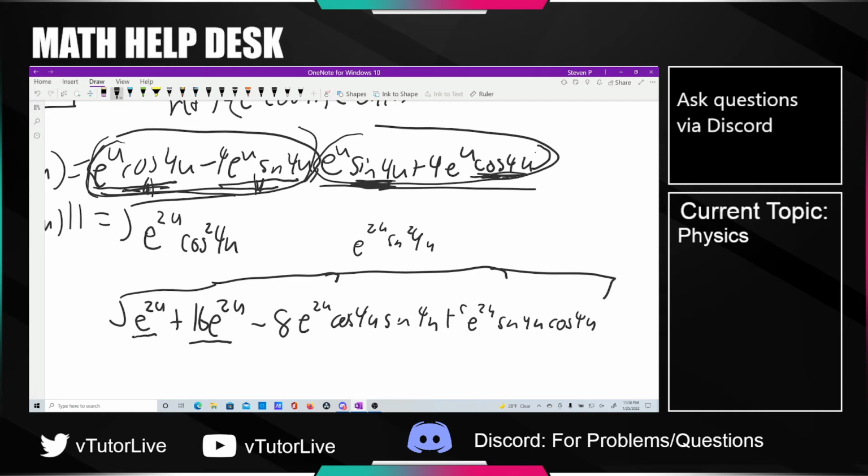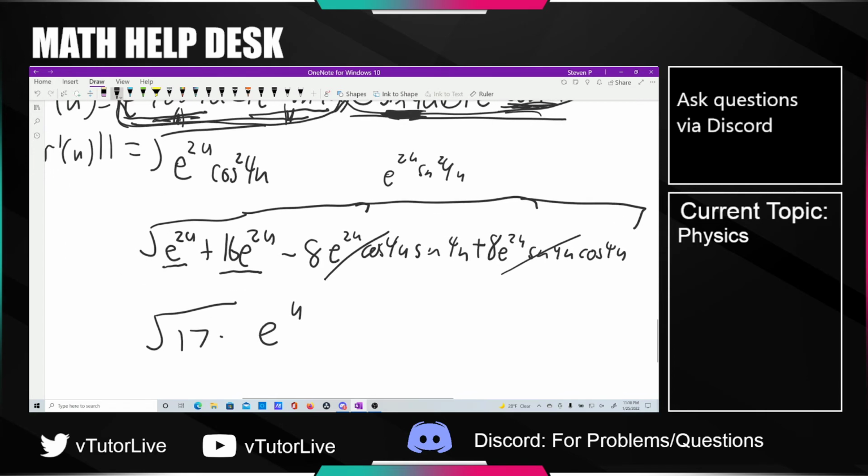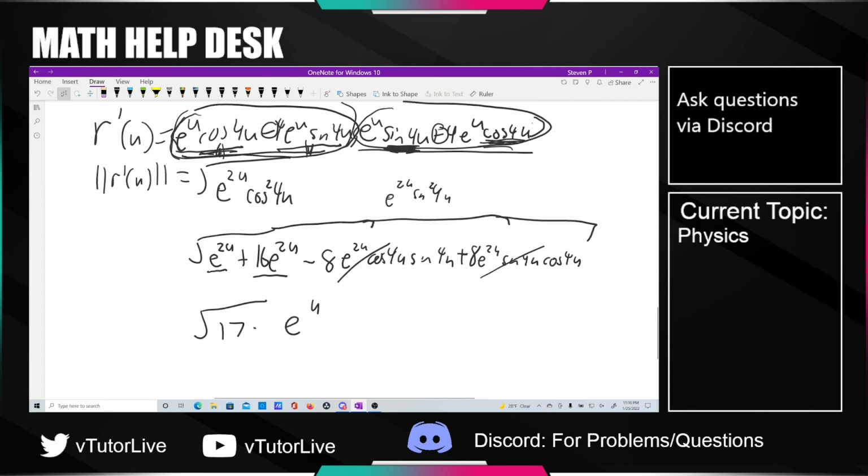But then the term over here is going to be exactly the same, but positive, because there's kind of a symmetry here, right? They look super similar. It's just this is a plus sign and that's a minus sign. So you get some really pretty cancellation, and what you're left with is really not so bad. I think this just looks like 17 e to the u, something like that. You feel me?